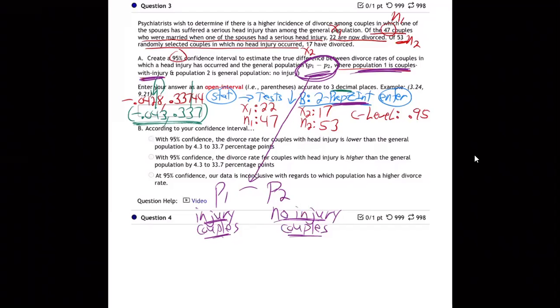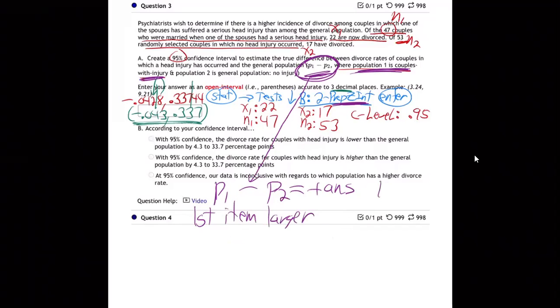Think with me logically about what it means when you subtract 2 things and you get, let's say, a positive answer. That means the first item is larger, doesn't it? Like 10 minus 7 is positive 3.